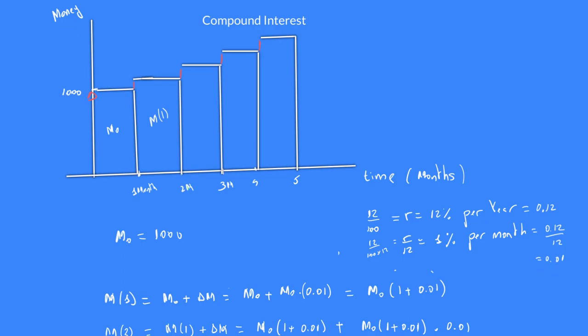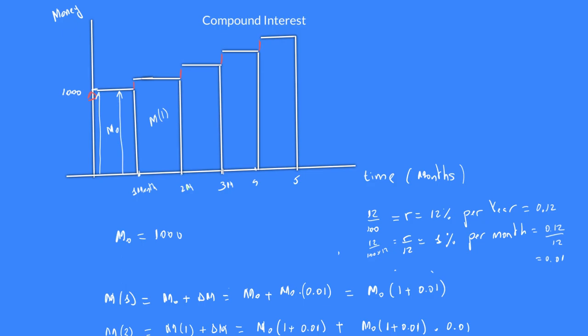So what will happen? You start with the initial amount of $1,000. You will maintain this amount of $1,000 during the month. But exactly when 1 month happens, the bank will make you a deposit. What amount of deposit will he make you? He promised you 1% per month or 12% per year. 1% per month of 1,000 means $10.